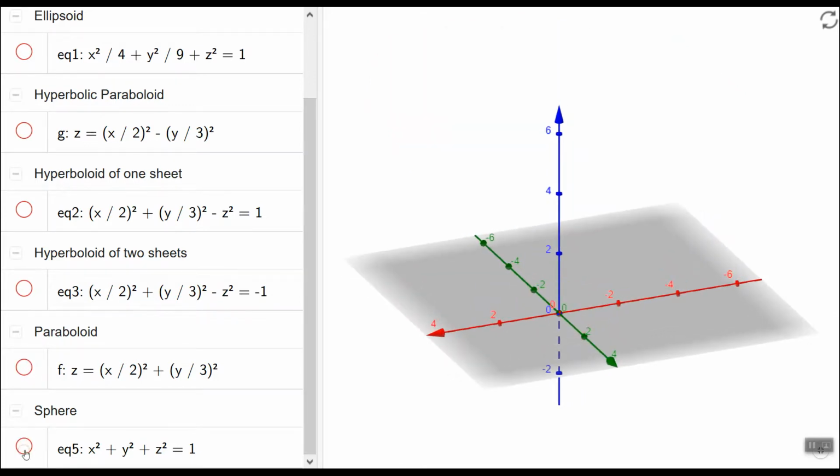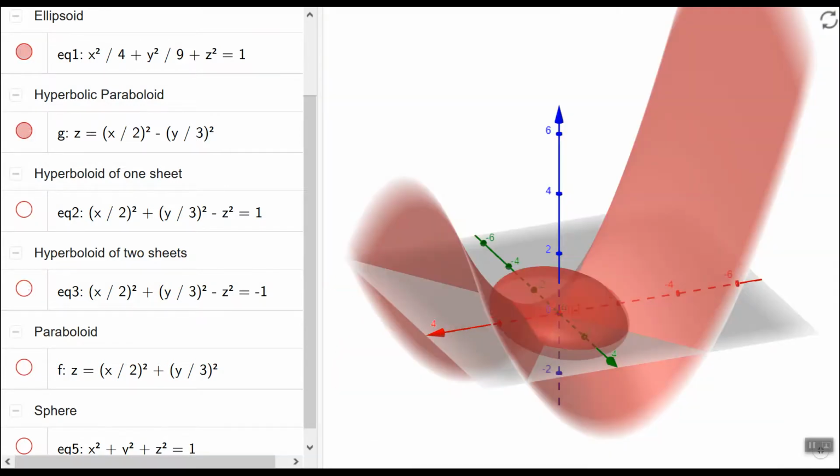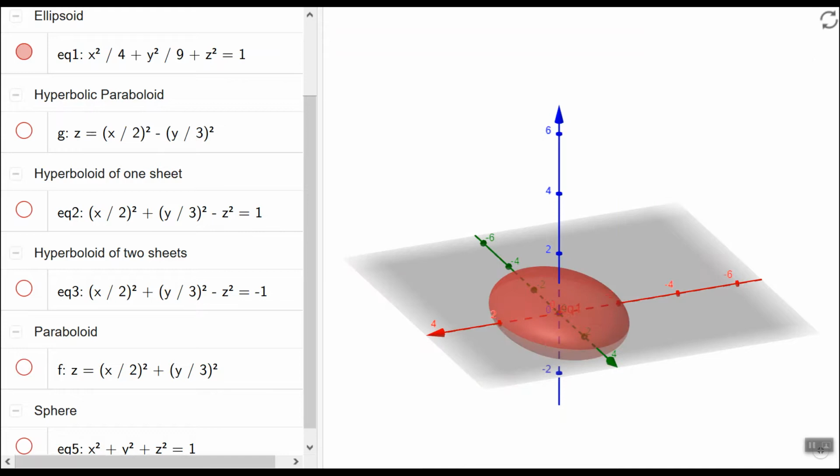So these are some of the common surfaces that you will be analyzing and working with as we move through the semester. On the quiz, I am going to show you pictures of surfaces in R^3. I embedded some of these GIFs onto your quiz. That way you can get the full 360 view of the surface, and then you can go through and identify it by name.